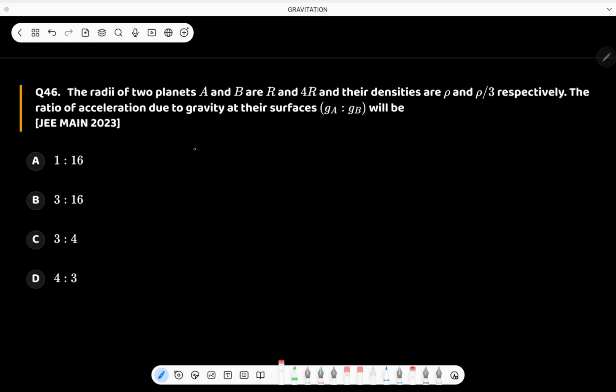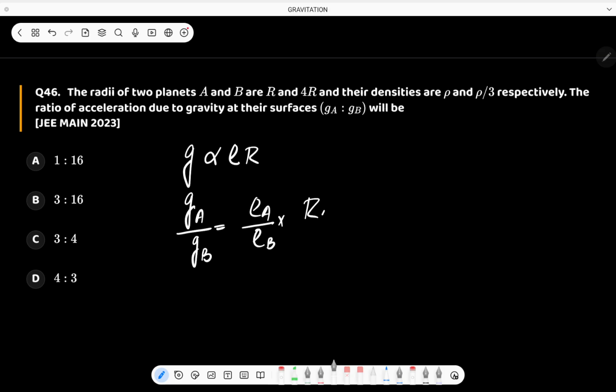I can easily write down the equation that G in terms of density and R is something like this. G is directly proportional to rho multiplied by R. Which means that GA divided by GB will be equal to rho A by rho B multiplied by RA divided by RB. Okay, so what is the density of planet A?